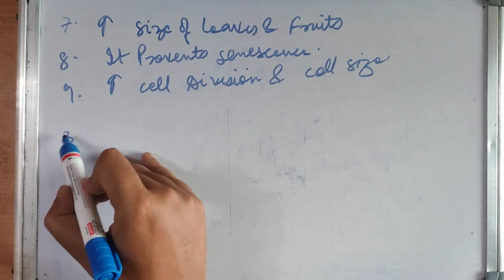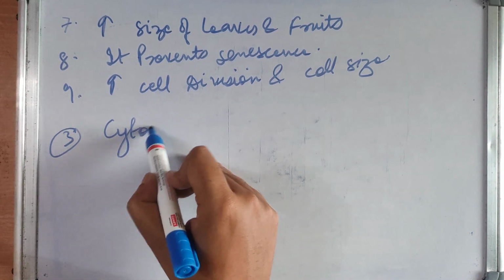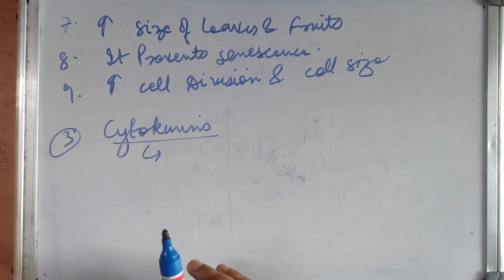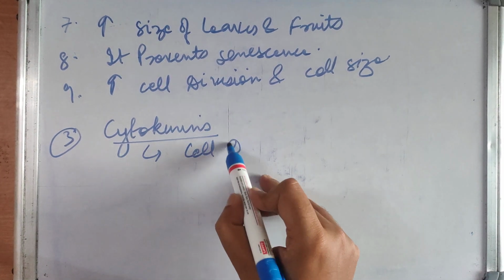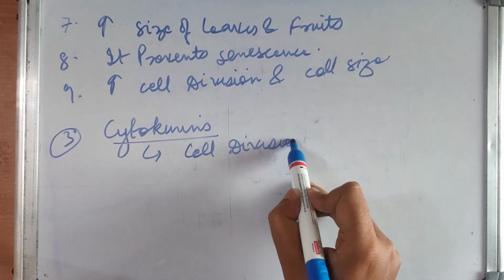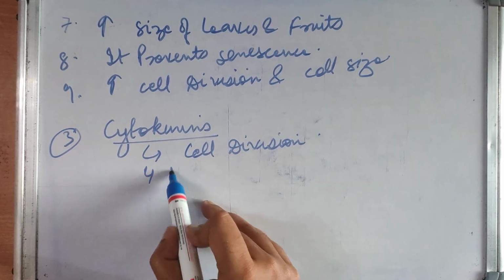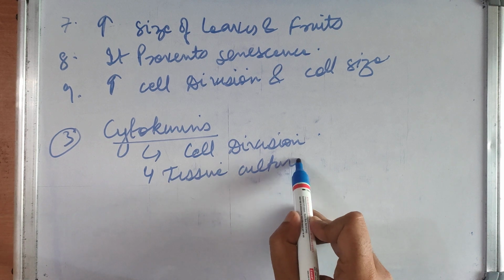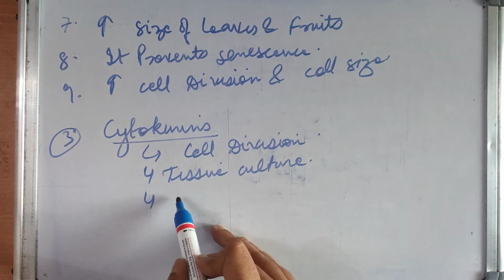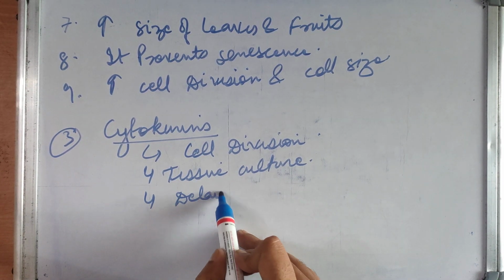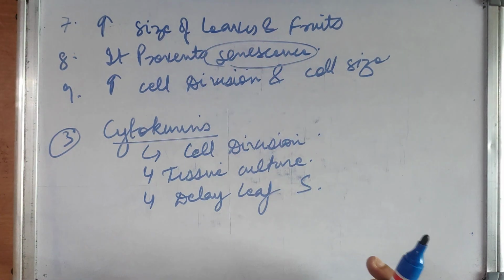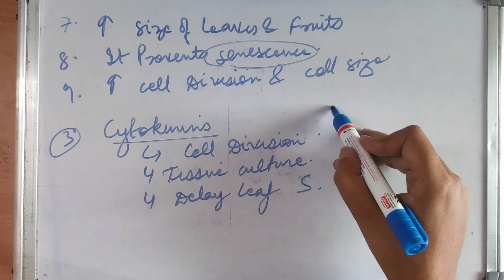Now moving on to the third one, that is cytokinins. Some important functions of cytokinins are cell division, use in tissue culture, and it delays leaf senescence. Now the functions of ethylene.